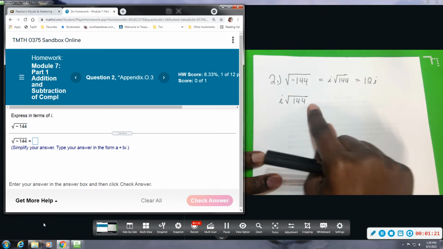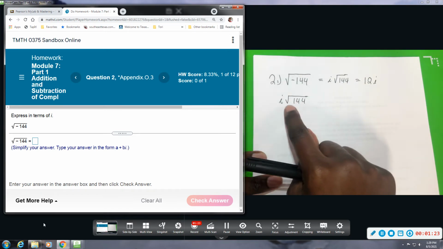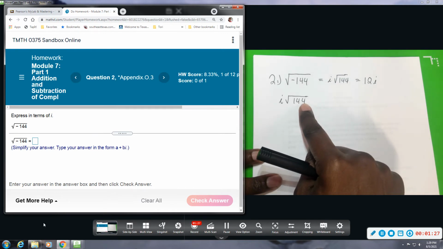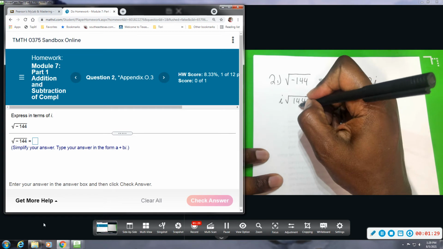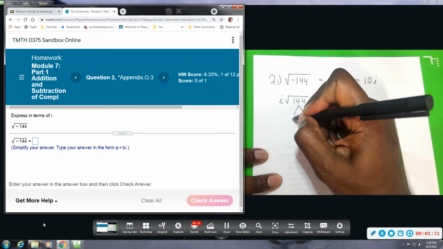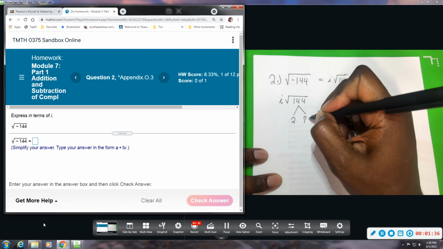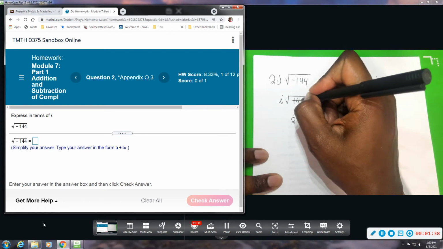So by reducing, I'm trying to figure out what this number 144 is divisible by. Well, since it ends in an even number, I know it's divisible by 2. So I'm going to divide this number by 2, and that will give us 72. Okay, so I'm no longer dealing with 144.